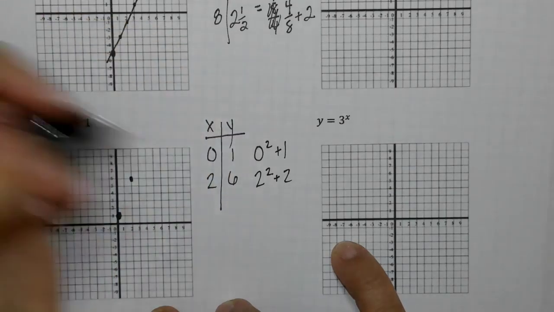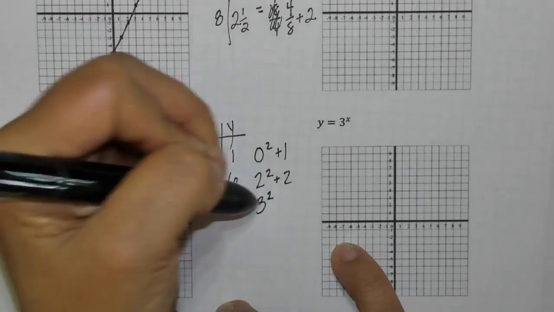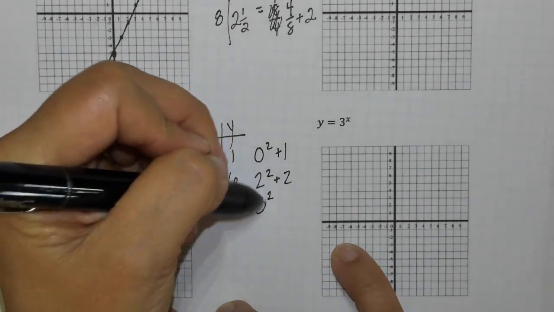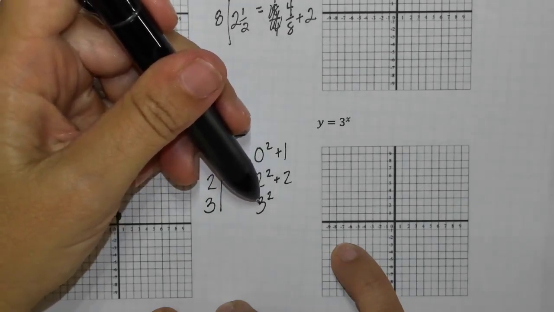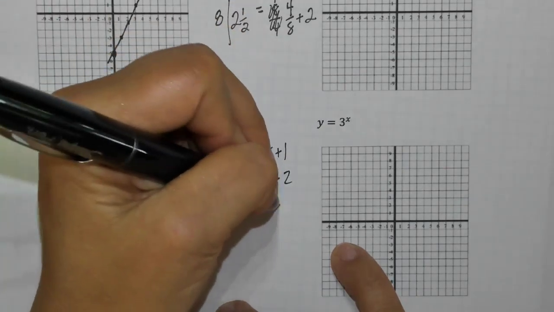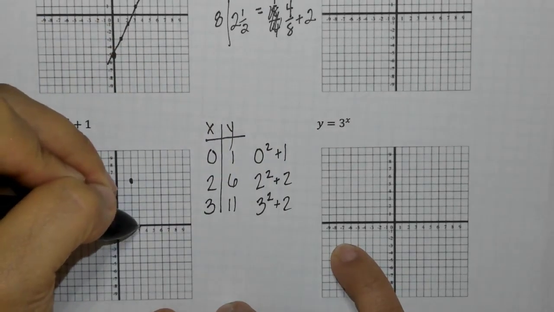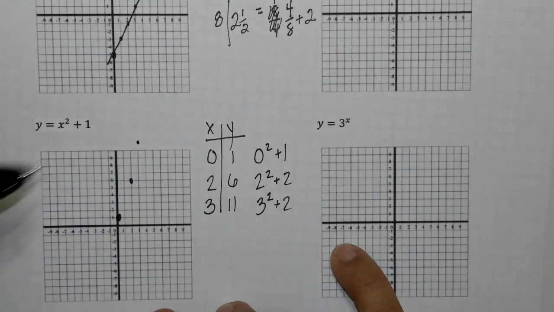And let's do 3. I'm going to do 3 squared, which is 3 times 3, which is 9. The squaring is multiplying the base value to itself. So this is not 3 times 2, this is 3 squared, which is 9, plus 2 is 11. So over 3 and up 11. It's hard to tell right now whether that's linear or not.